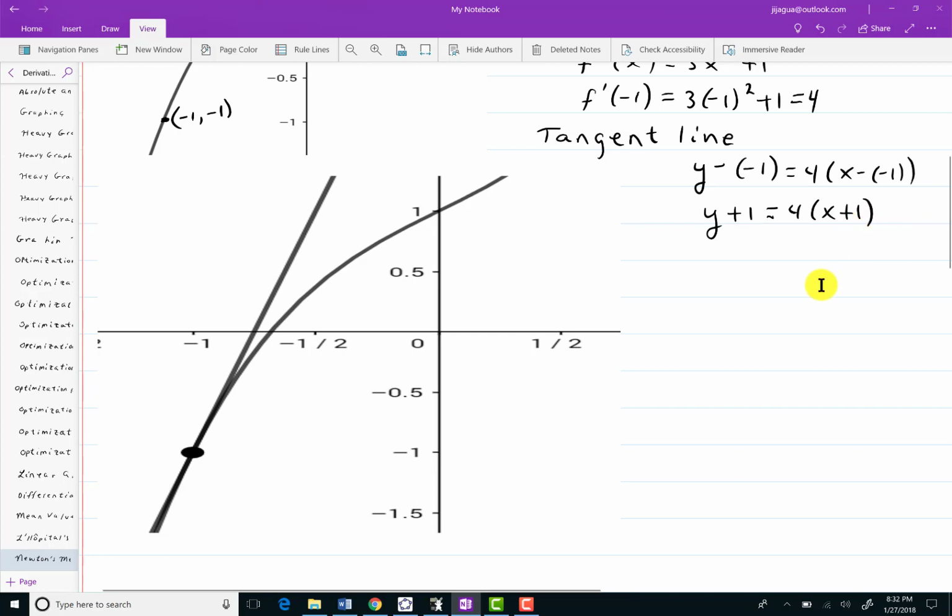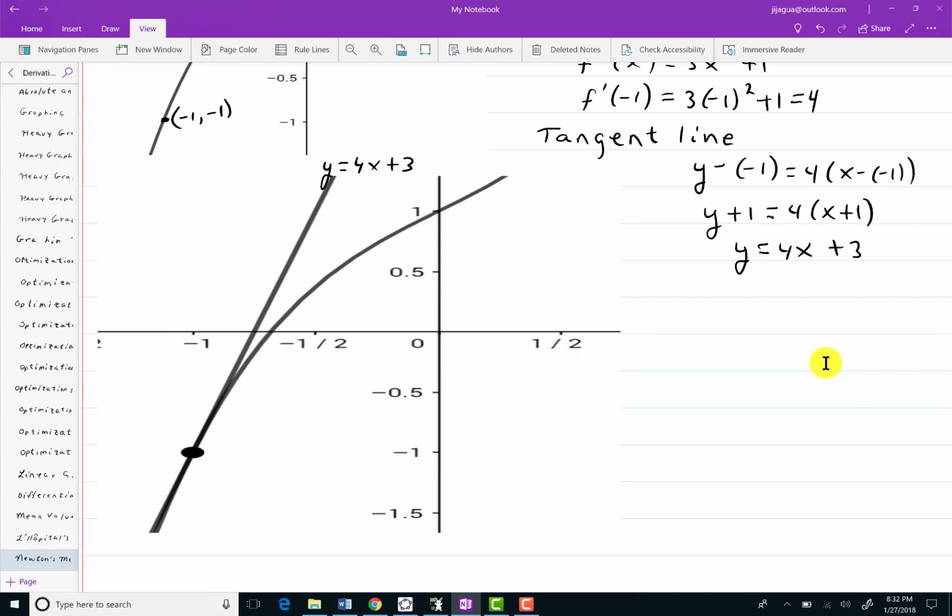And should you want to go through the effort of writing it in slope-intercept form, I'll solve for y. Y equals 4x plus 4, but I'm going to subtract off this 1, so I have 4x plus 3.